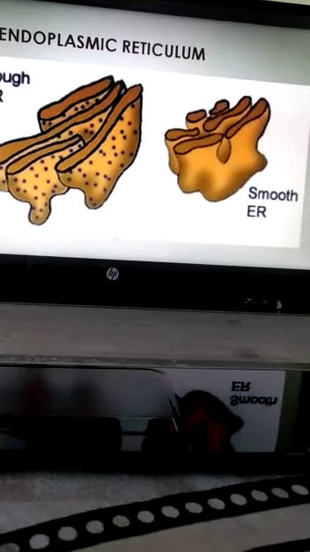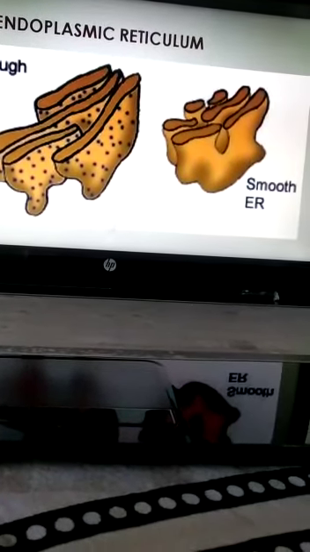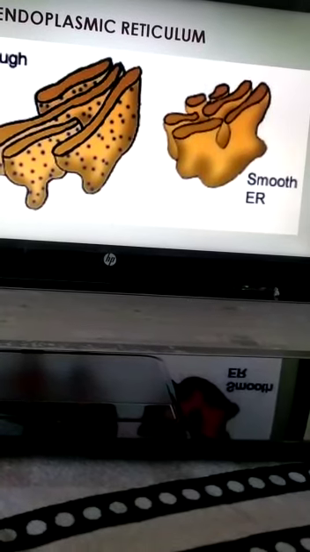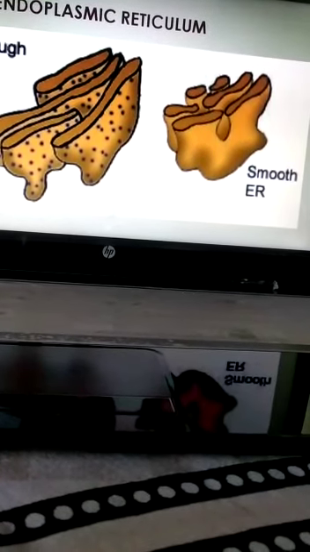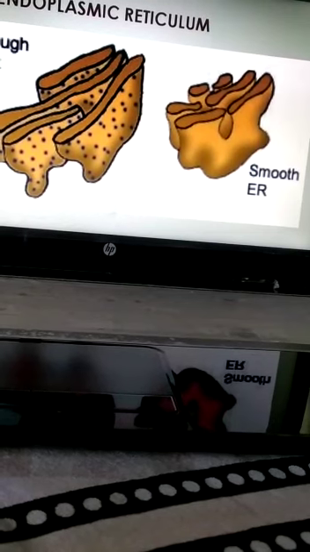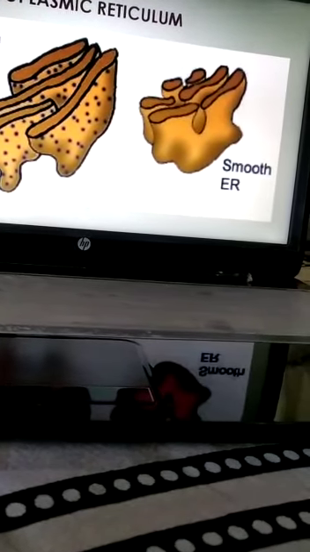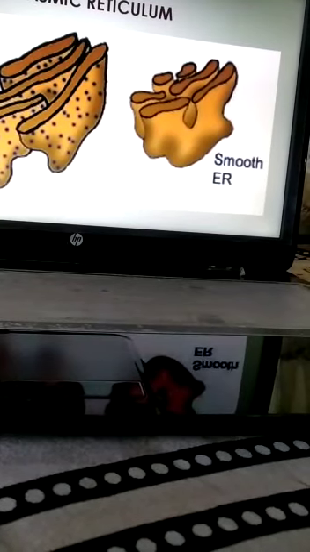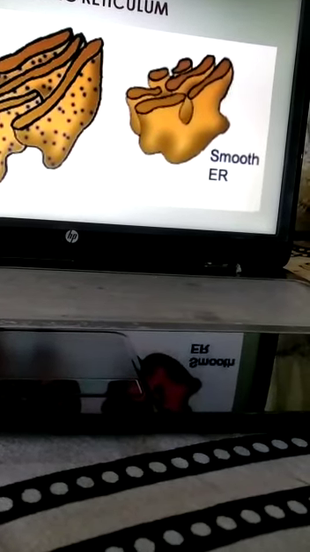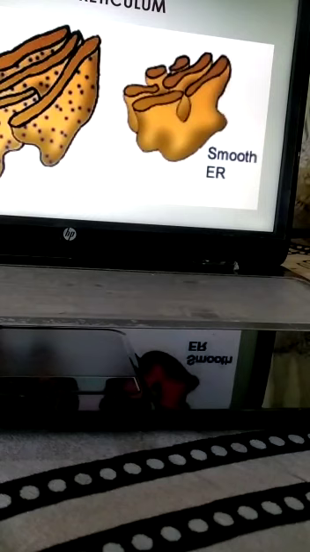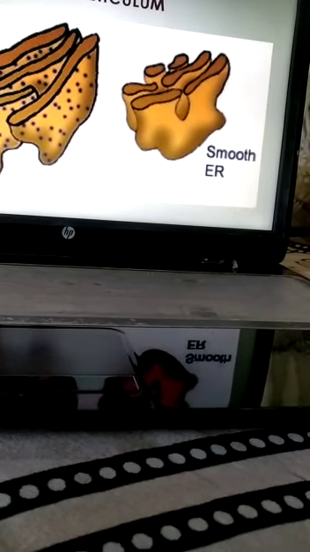Rough endoplasmic reticulum is the site of protein synthesis. Smooth endoplasmic reticulum helps in lipid synthesis. Smooth endoplasmic reticulum in liver cells helps in detoxifying many drugs and poisons.